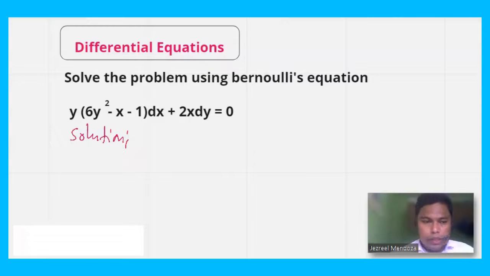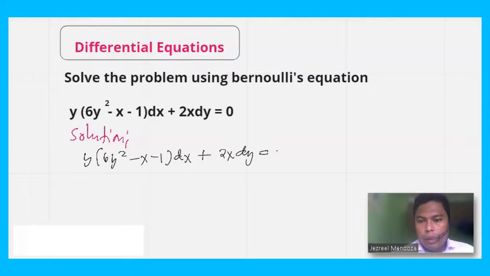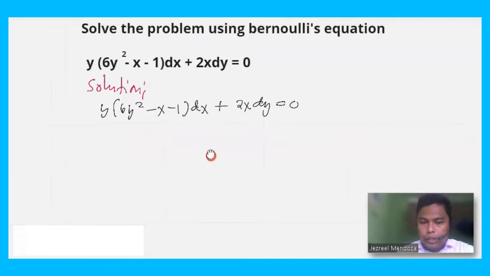Okay. First, let's just copy the problem. That is y times (6y squared minus x minus 1) dx plus 2x dy is equal to 0.